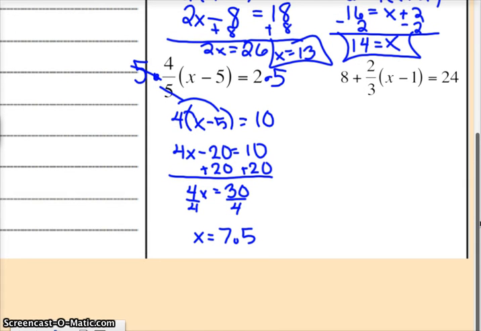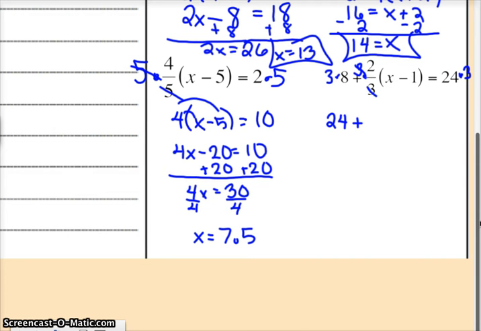So what do I need to multiply through by? 3. So I'm going to multiply this fraction by 3 inside parentheses. No. Nope, protected. 24 by 3. Do I multiply the 8 by 3? Yes, because it's not protected. Anything that is not protected, we multiply. That would turn into 24 plus the 3's cancel.